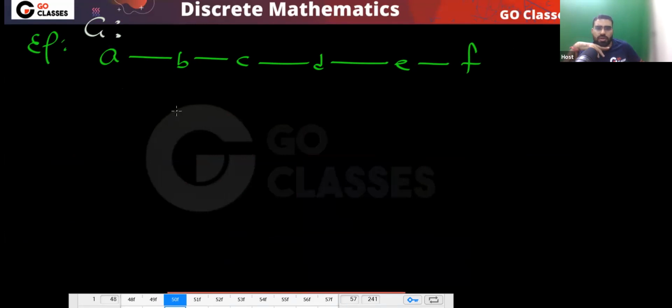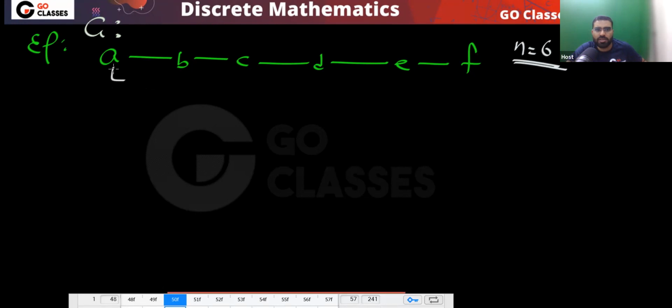The number of vertices n is 6. So is there any walk of length 5 between A comma B? Yes, you can go from A to B, so the walk of length 5 is there.